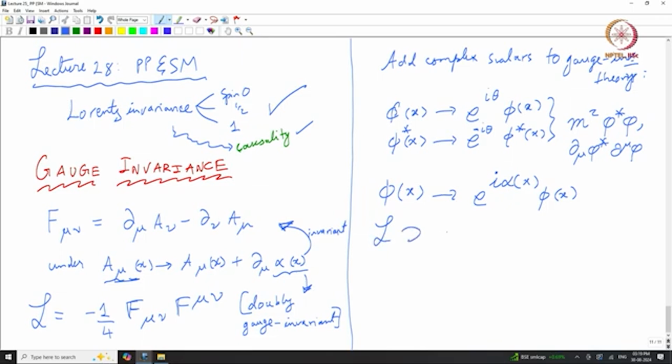Now let us again look at the mass term. Is this term gauge invariant? Yes, it is. Even though it is a local transformation, even though it is a local rephasing, it is still gauge invariant. Good. Then how about the kinetic term? That is not gauge invariant.